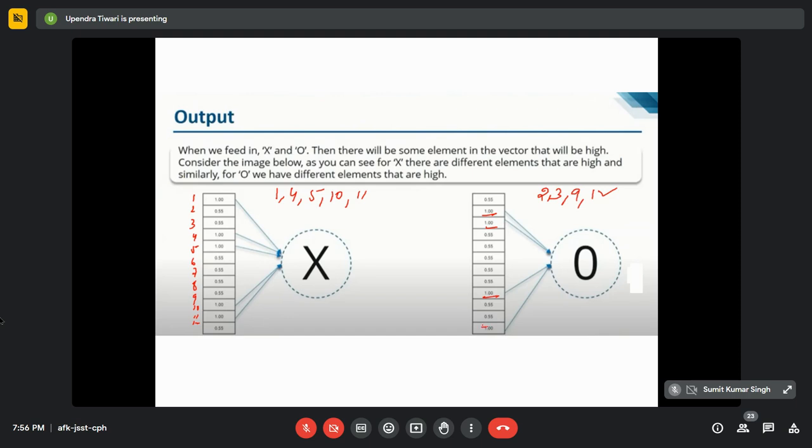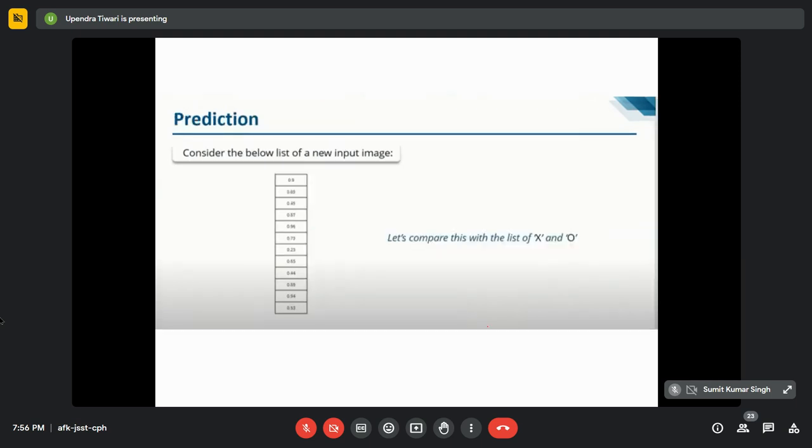So in case of O, that is 2, 3, 9, and 12. This is where your values are maximum. Now, suppose you entered this image.